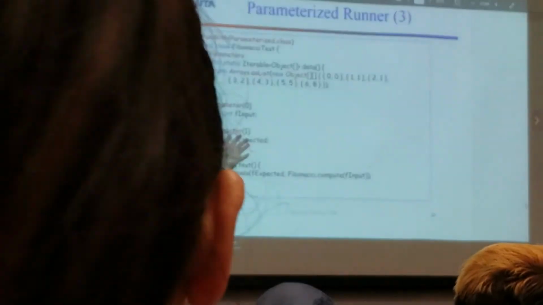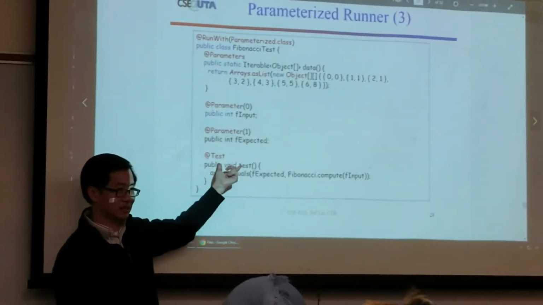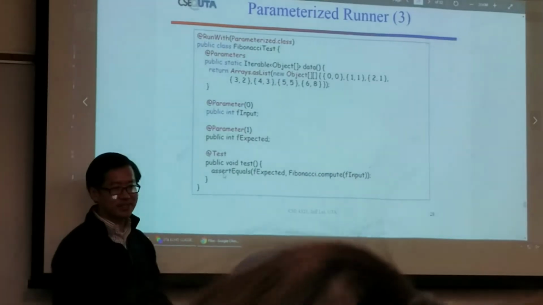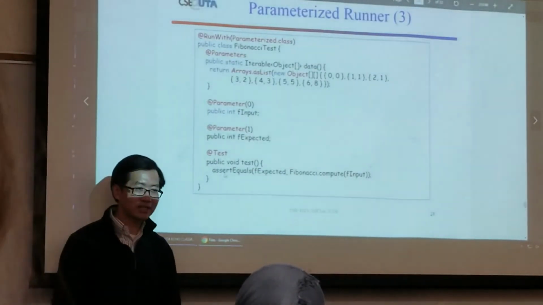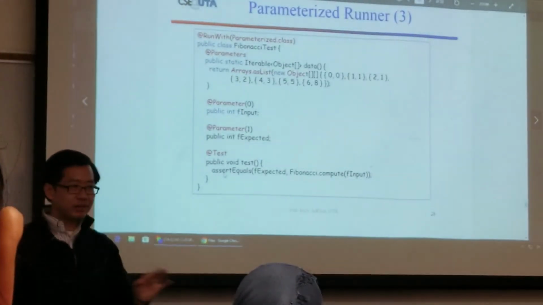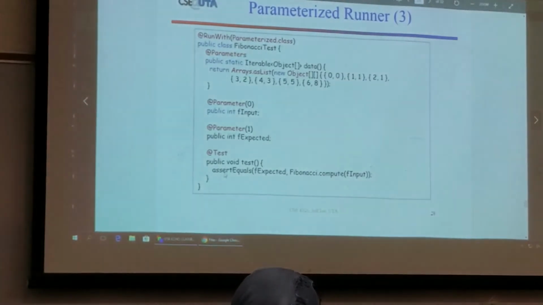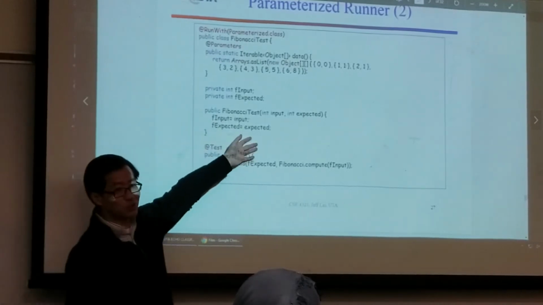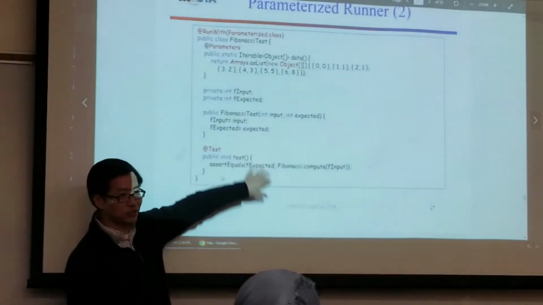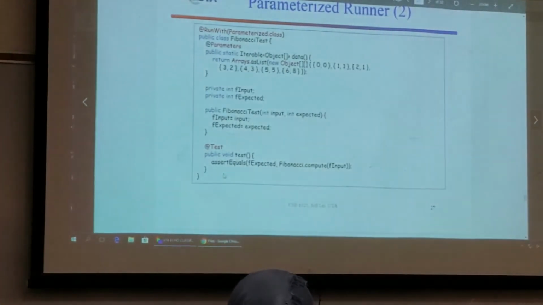So basically you tell JUnit how you're going to pass the parameter values to the test class. You don't have to have the constructor, but at runtime they are the same. When you use these annotations, JUnit is going to do the construction for you. But at runtime, they are the same.